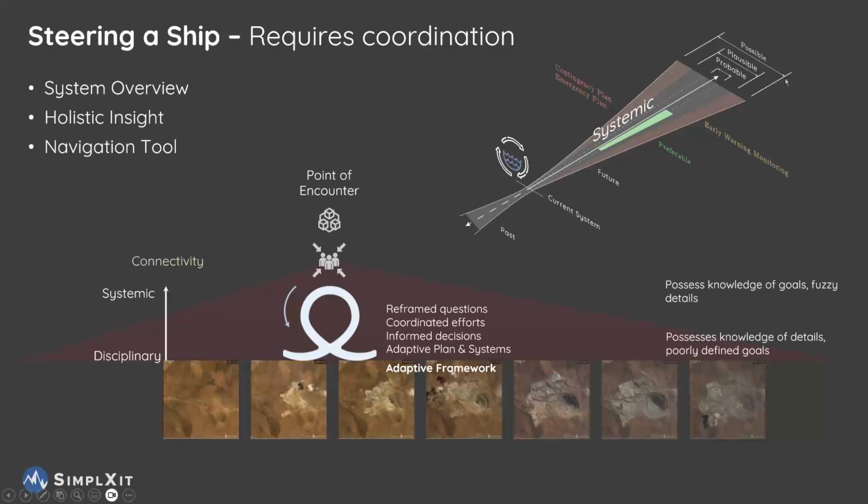We can reduce the potential possibles by improving our knowledge of the system, while knowing that some of those will vary because of external limits. And out of each of those encounters, we have reframed questions, better coordination of our efforts, informed decisions, and plans that can be adaptive.